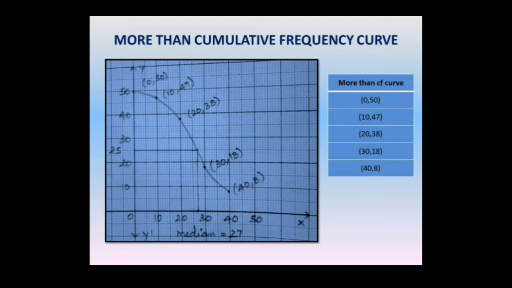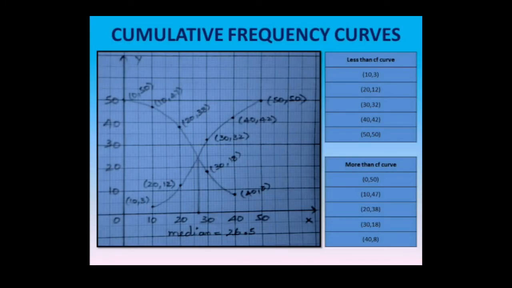Taking the same scale, we are going to plot the points of the less than cumulative frequency curve, and first we draw the less than cumulative frequency curve. After drawing it, you plot the points of the more than cumulative frequency curve. Then you join that curve. Now you have drawn both the curves on the same graph.